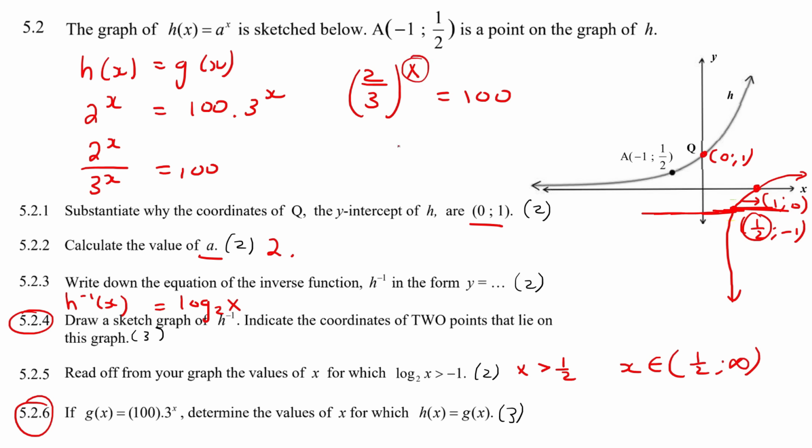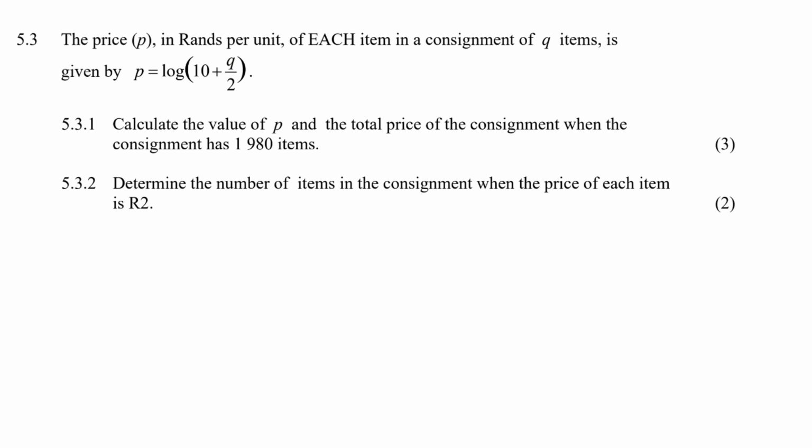So you would get that x is equal to the log of the base and then this number. And then that you can type on your calculator, and that would be negative 11.36.